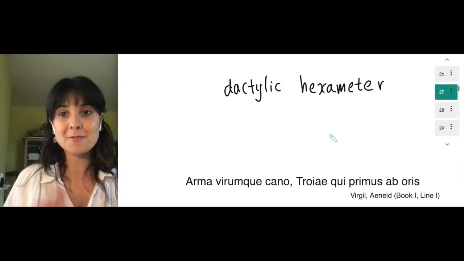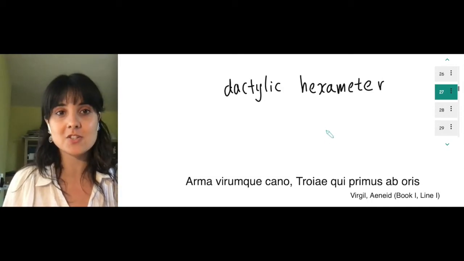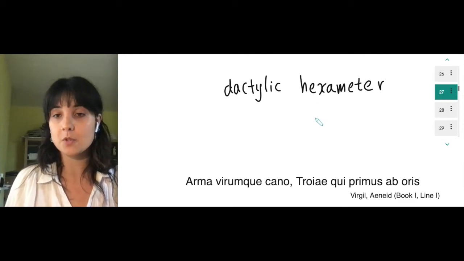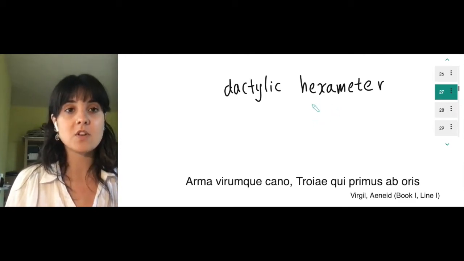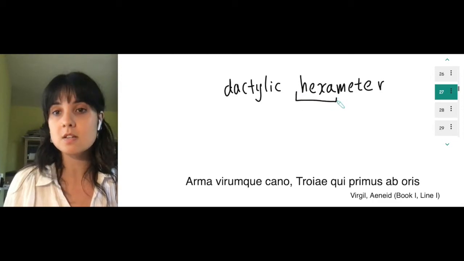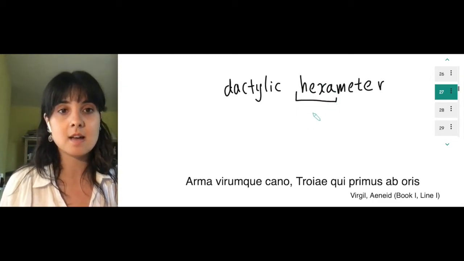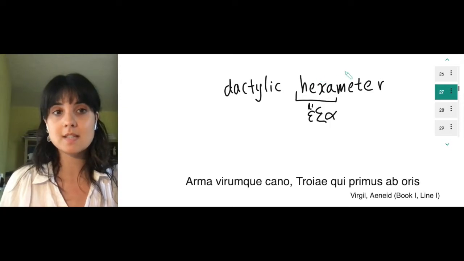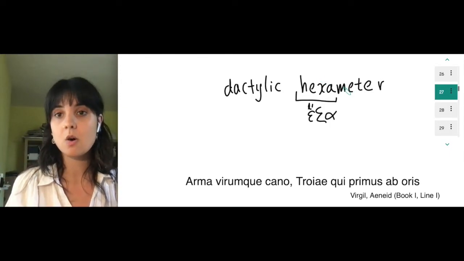This requires a little bit of cross-language knowledge. So both of these words come from Greek originally. So if we start with hexameter, this means 6 meters or measures. So hexa here comes from the Greek hexa, meaning 6, which means there are 6 individual measures, or we call them feet, within the line.